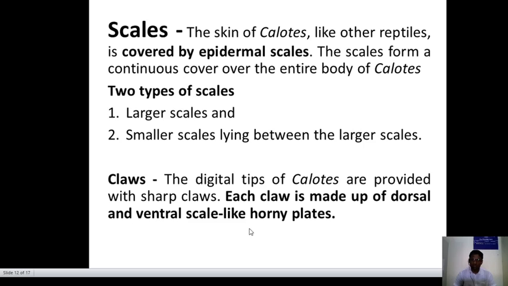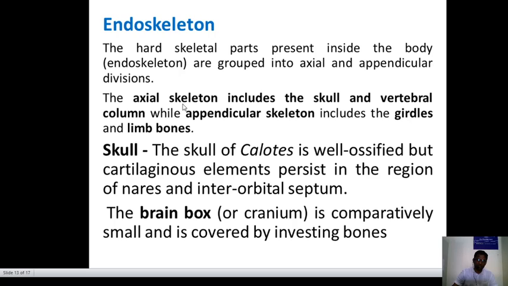Claws: the digital tips of Calotes are provided with sharp claws. Each claw is made of dorsal and ventral scale-like horny plates. The endoskeleton includes the hard skeletal parts present inside the body. The endoskeleton is grouped into axial and appendicular.